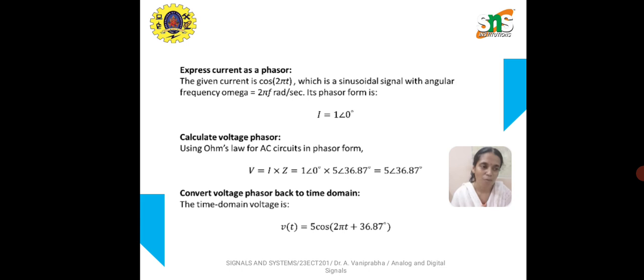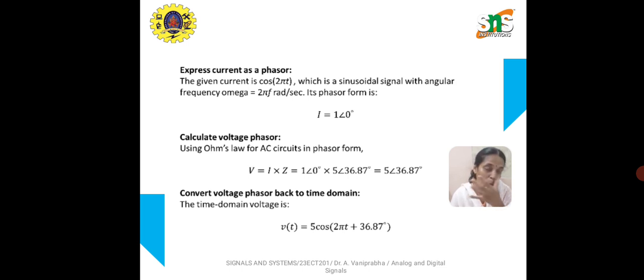Why we have to convert the given complex number or impedance into the form of magnitude and phase angle is that complex numbers in the rectangular form can be added or subtracted, whereas complex numbers in the polar form can be multiplied or divided.